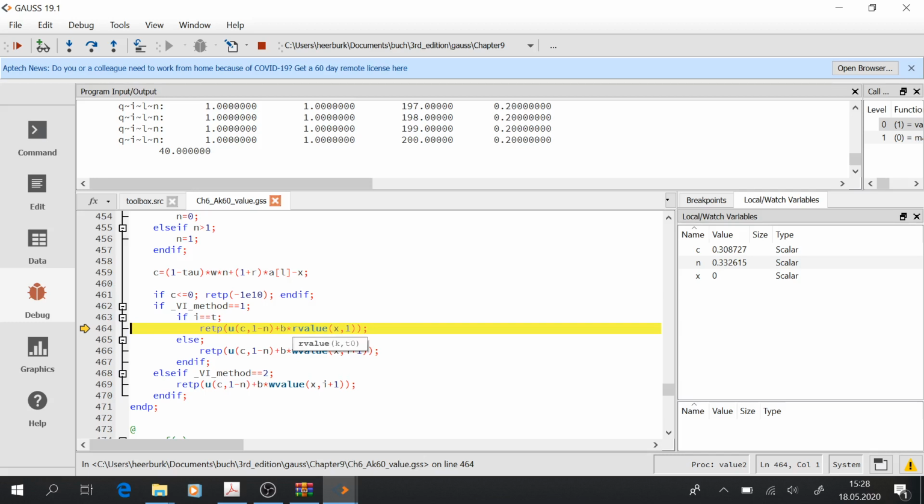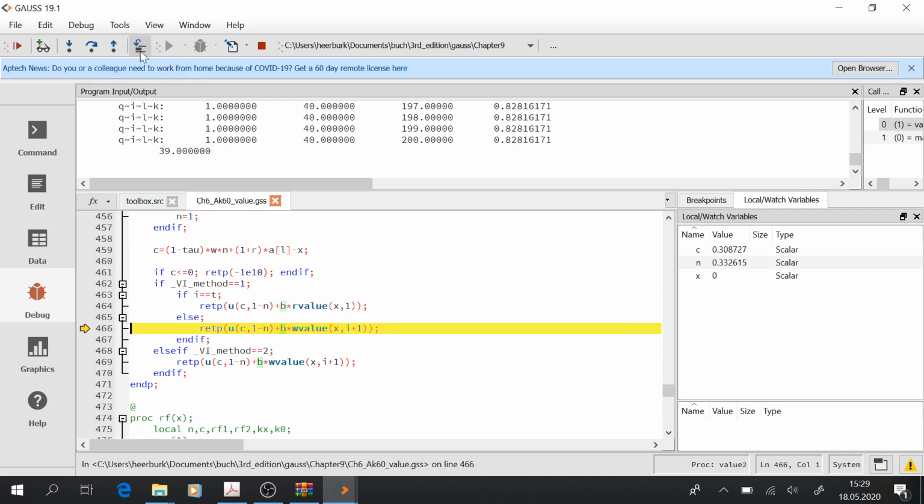Here we have the real value function, which we already know from last time. Let's go to the case where we compute W value, the value function of the worker. So place the cursor in line 466 and press run to cursor.